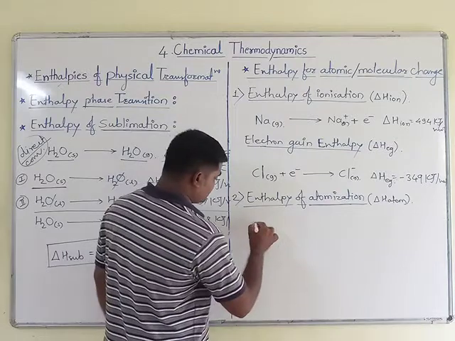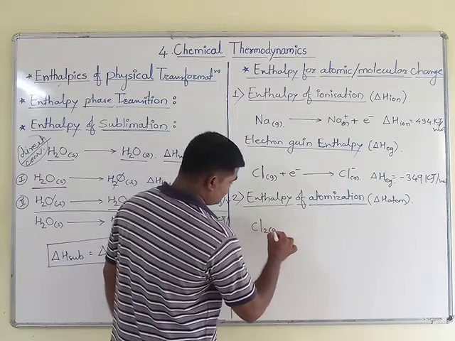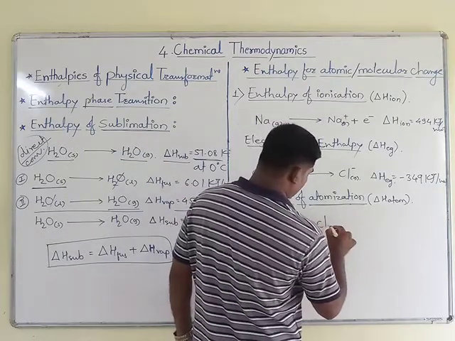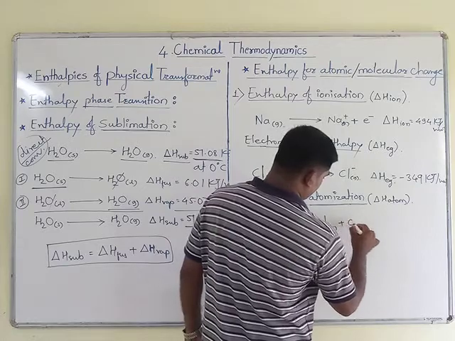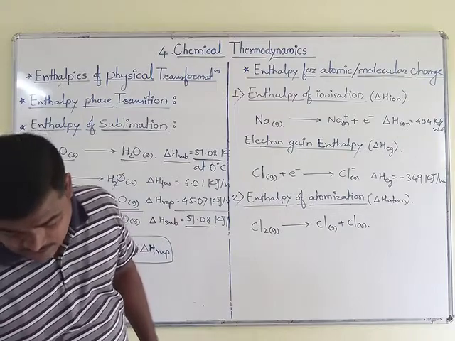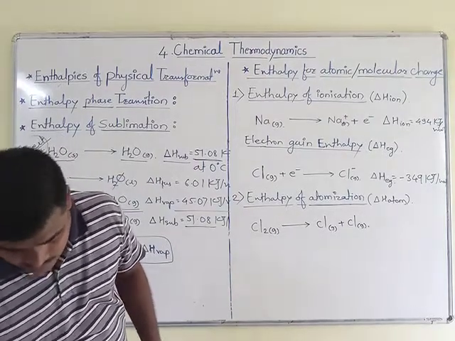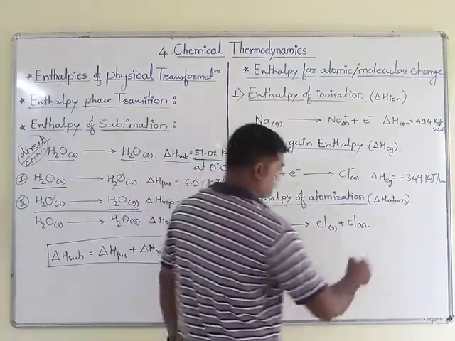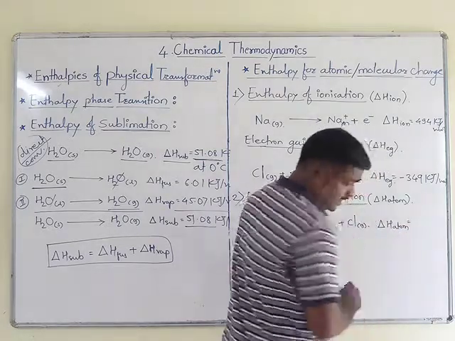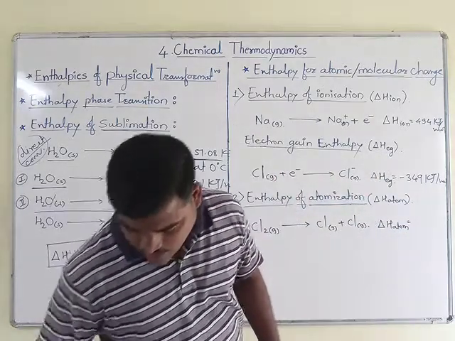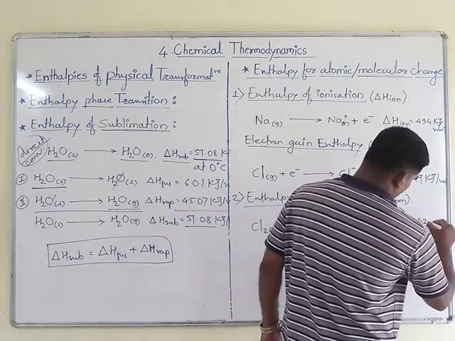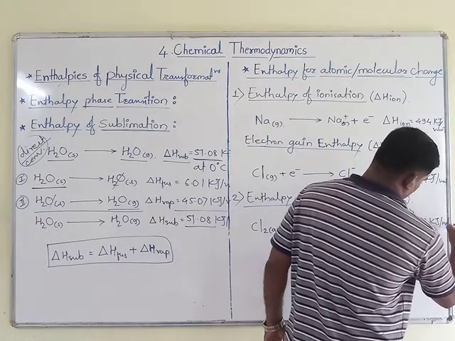We will take it for our simplicity. When 1 mole of Cl2, which is in gaseous state, dissociates into the corresponding Cl atoms, and these Cl atoms are now single, for this dissociation we are measuring its corresponding delta H atomization, and it would be 242 kilojoule per mole.